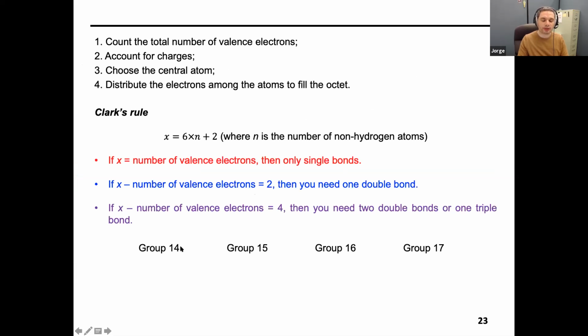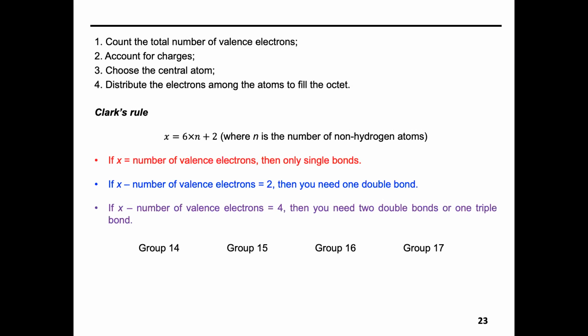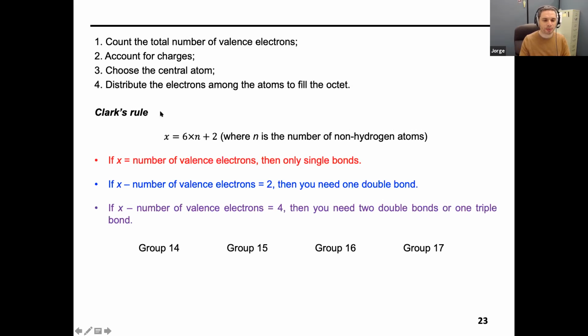Okay, so let's do here a quick recap about what we are seeing for this chapter. So the goal here is to draw Lewis structures of covalent compounds. Remember that we can always use the Clark's rule to figure out if there are only single bonds or if there is a double bond or even triple bonds. Okay, so we are going to compare X, and X is 6 times the number of non-hydrogen atoms plus 2.